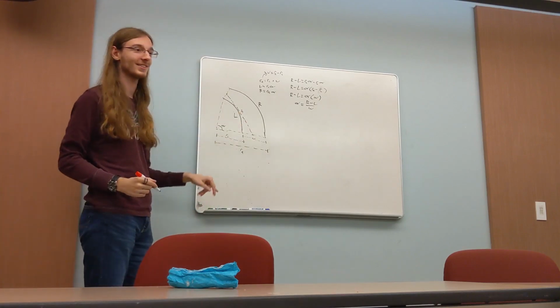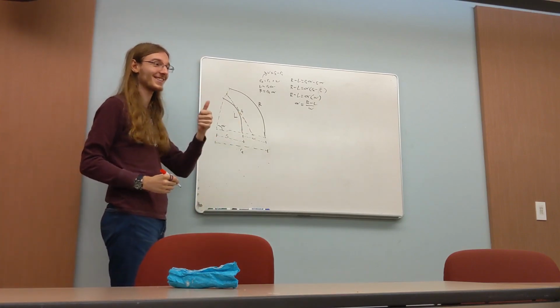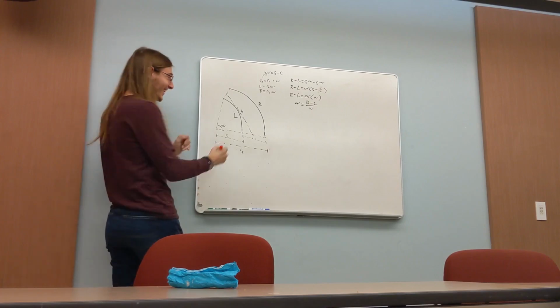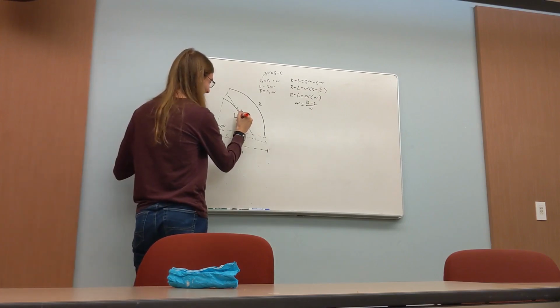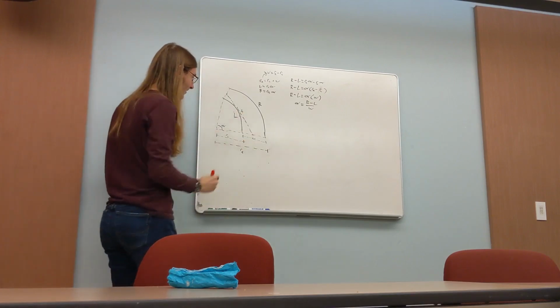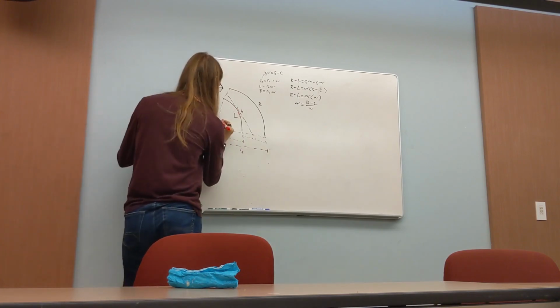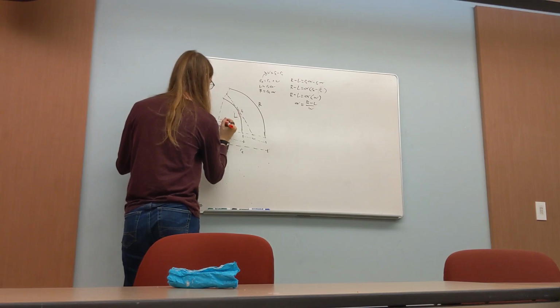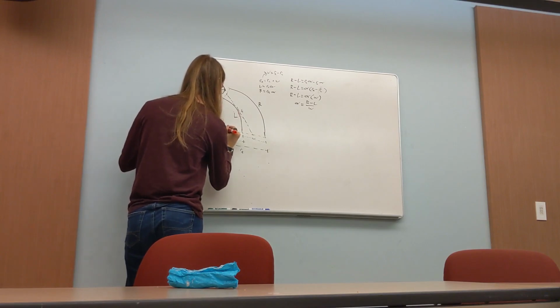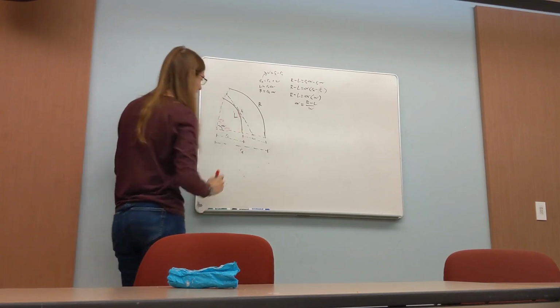So now we have right angles. Because right angles are nice. I like right angles. They make math easy. So we have a right angle here, and of course a right angle here. And that means each of these angles are just alpha over 2 and alpha over 2.